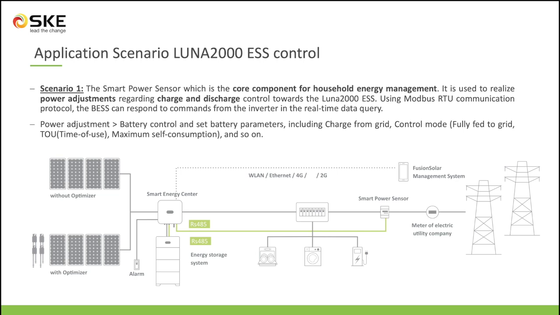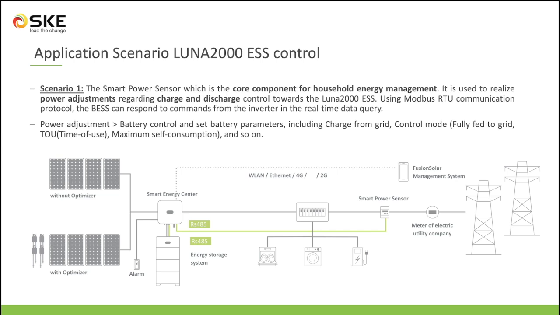Well, we have to remember that our smart power sensor will be located at the grid connection point. Beside this smart power sensor, in every installation it is normal to have a second power meter, but this one comes from the energy supplier.